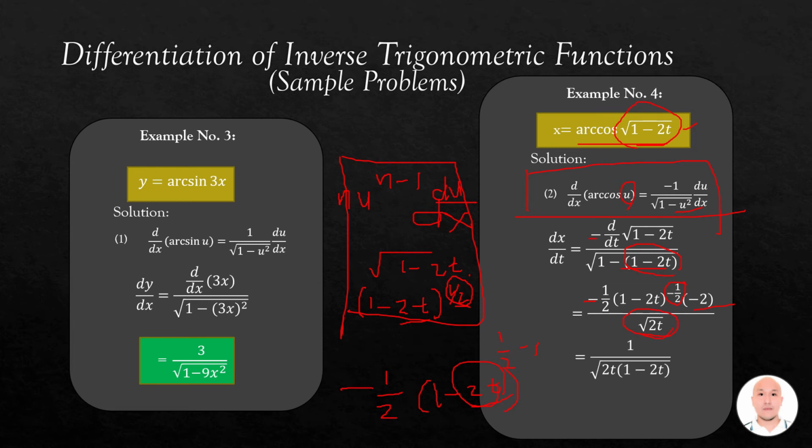Therefore, this equals 1 over 2t, square root of 2t times 1 minus 2t. So we can still simplify this one into 2t minus 4t squared.